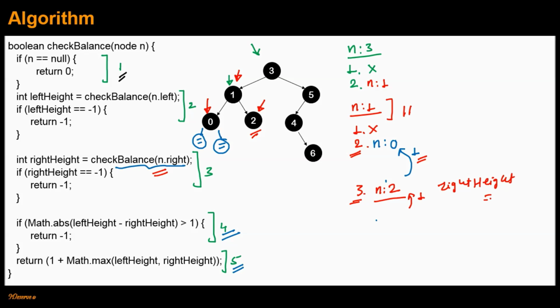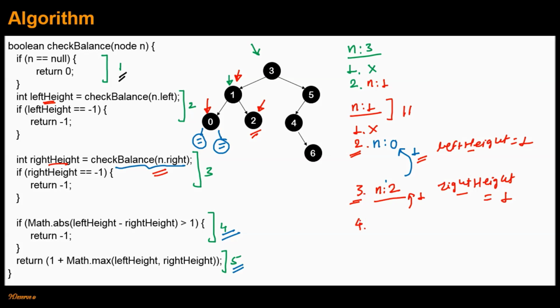Note that in step number 3, we are storing the height of right subtree, and in step number 2, we also have stored the height of left subtree. So left subtree height is also 1, which was returned from step number 2.